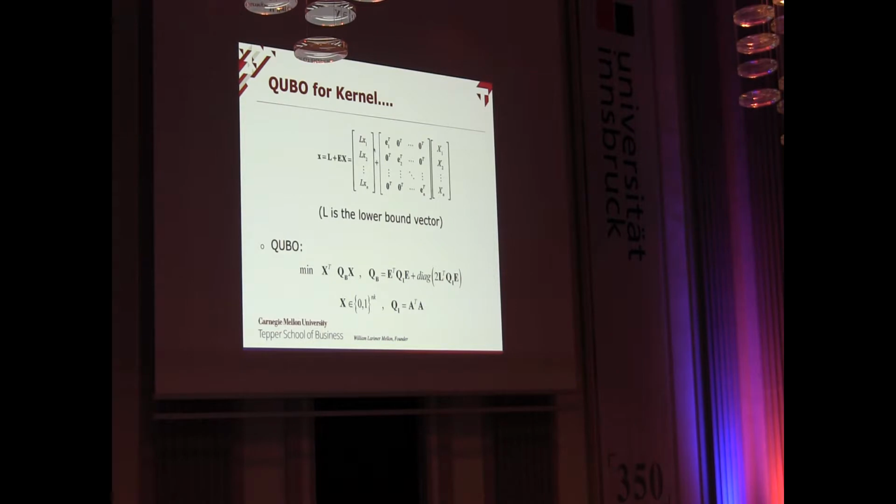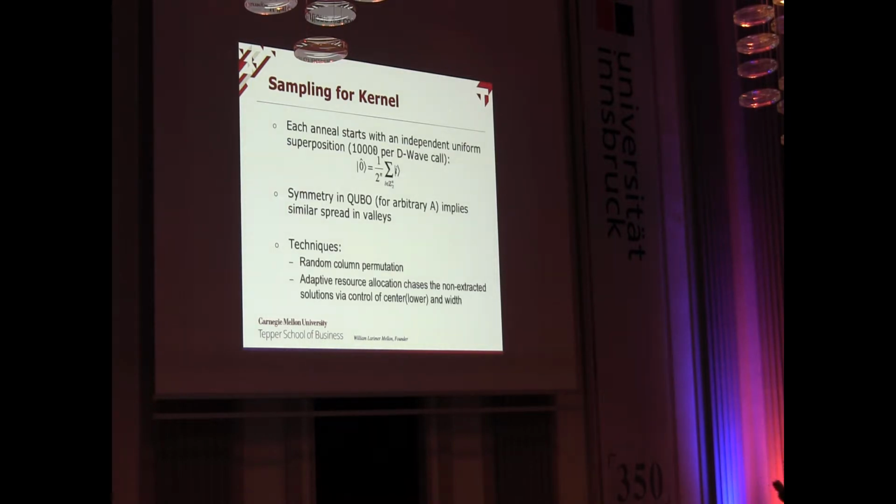But the point is, we start with a lower bound of each of these encodings, and we also adjust the encoding length for each of the variables. We adjust this in our formulation so that we can adaptively change it in the next iteration based on the results from the previous iteration.